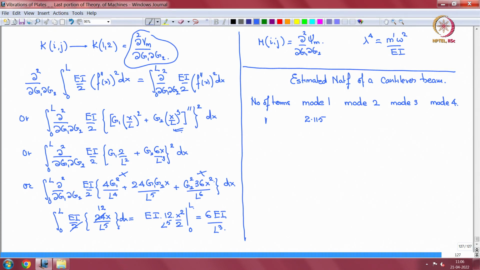And therefore lambda is the fourth root of m dash omega square by EI.